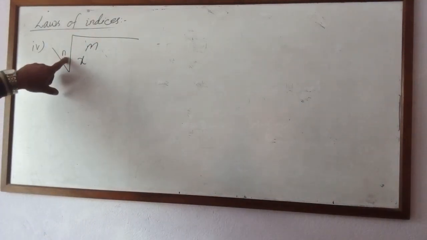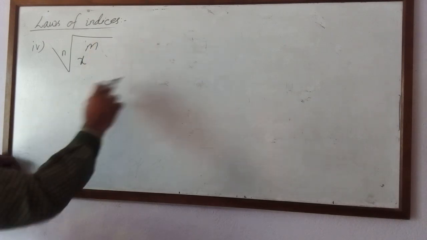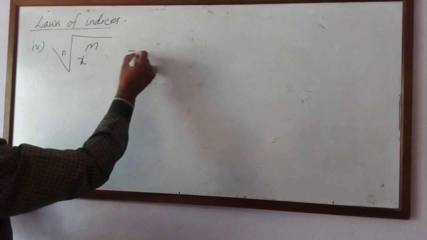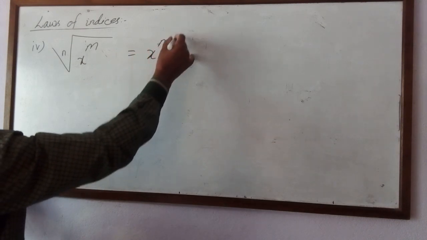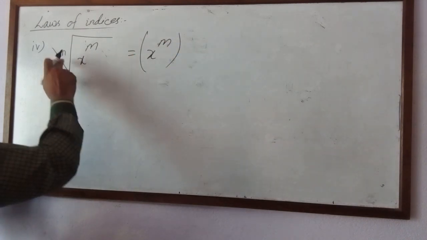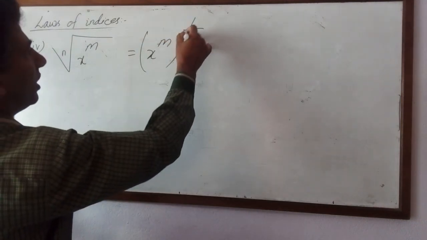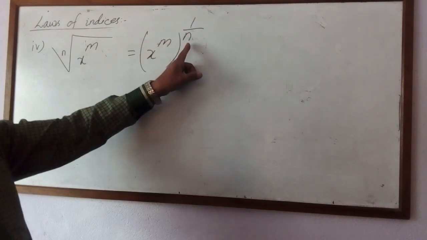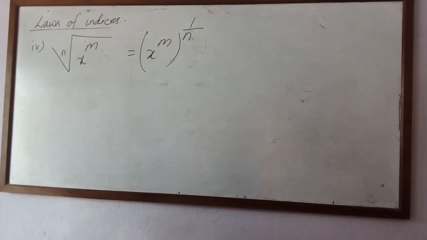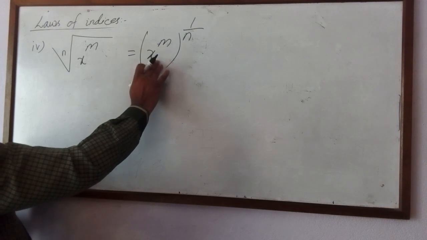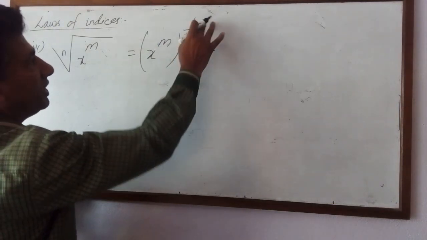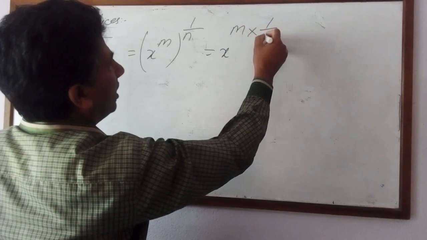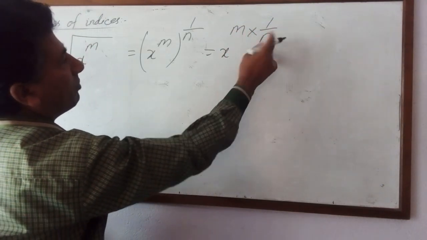Now this is the nth root. How to remove this radical sign? First of all, x power m, this n will be written as 1 by n. You have to remember. And if x power m is a factor inside, then we can multiply this and this: x power m times 1 by n. Both m and 1 by n are powers.